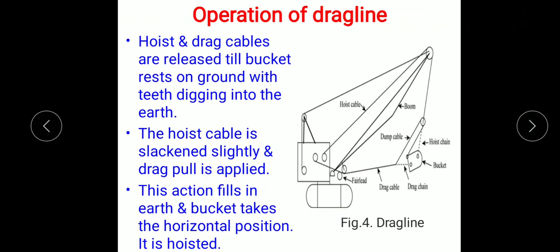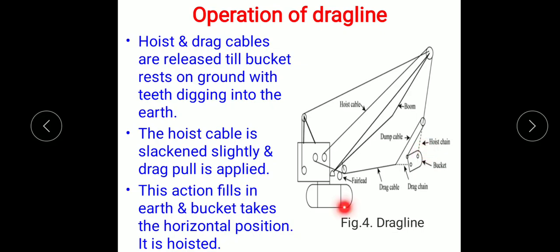So the working or operation of the dragline consists of hoist and drag cables being released till the bucket rests on the ground with teeth digging into the earth. So these hoist and drag cables are released or made loose till this bucket rests on the ground where we have to carry out the actual excavation.